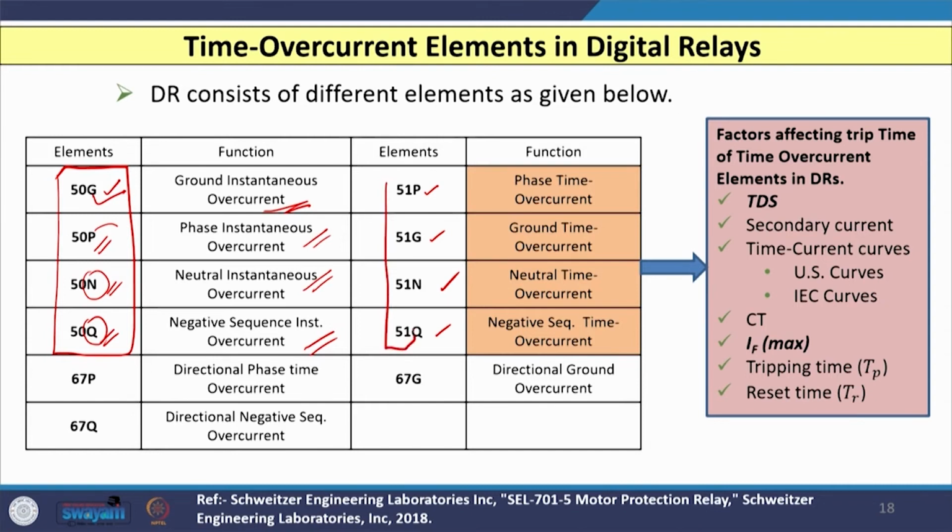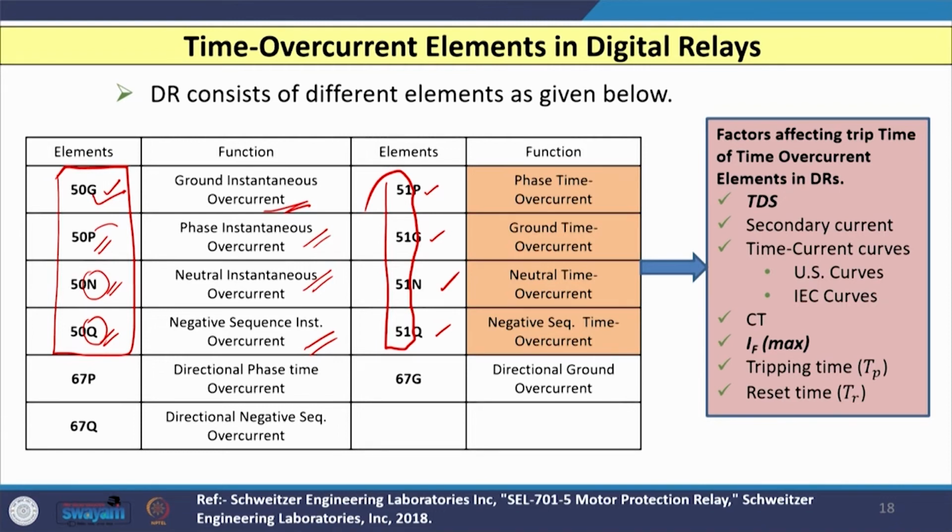Here again you can see the 51 number is common, which indicates this is a time delayed protection. So, if we want to achieve time delayed protection maybe for phase, ground, neutral or in case of negative sequence component generation, then we have to go for these 4 elements.